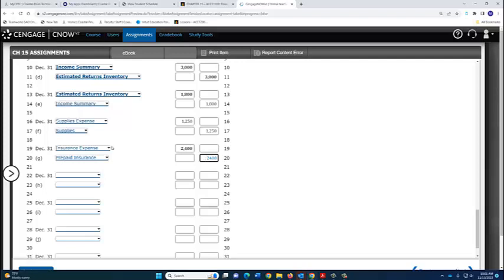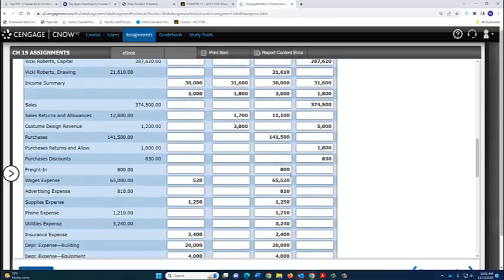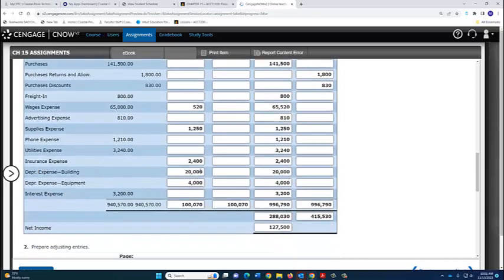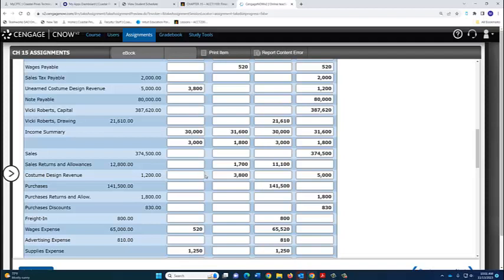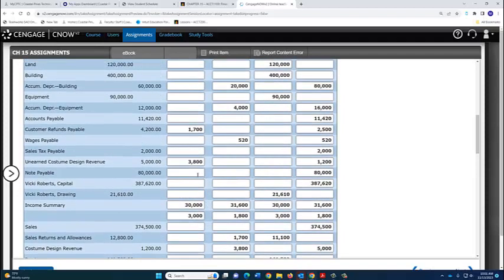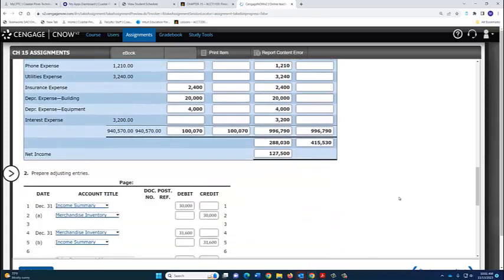The next entry was for depreciation of the buildings. We debited depreciation expense for $20,000 and credited accumulated depreciation buildings for $20,000.